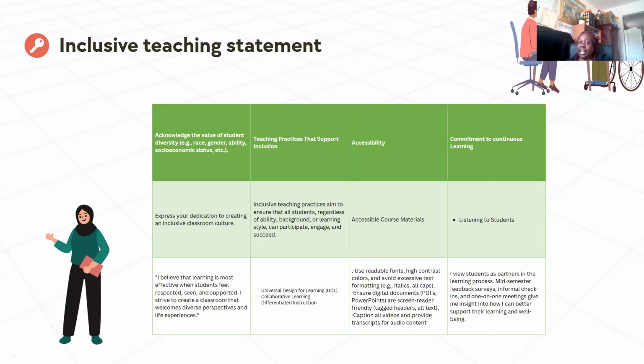And then you have collaborative learning. Students work together in diverse groups to achieve learning goals. They work together to get their work done. And the last one is differentiated instruction. Tailor instruction to meet individual needs by varying content, process, or product.